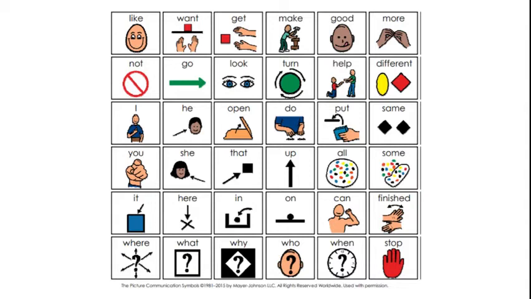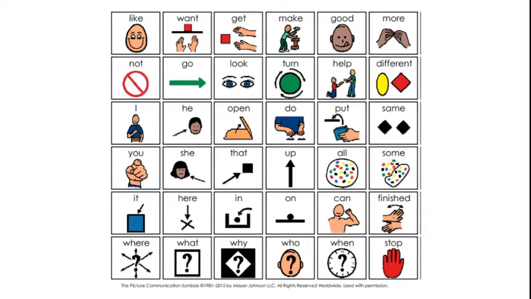Okay, so hopefully you paused the video and looked at the symbols and could combine some symbols to create some messages about what you think of this presentation. You may have created some of these messages: I like it, or it good, or I want more.